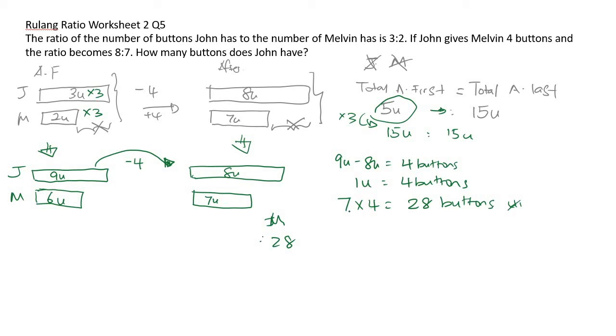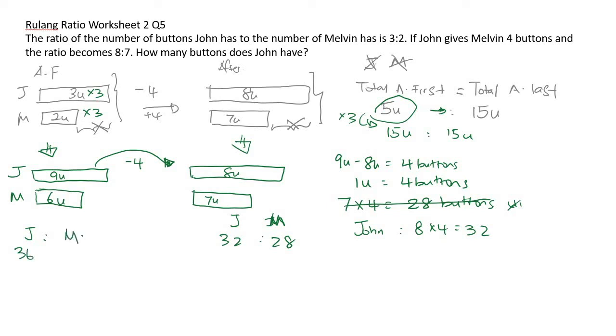So John here, asking about John, right? 8 times 4 will be 32. So John here is 32. But if you come back here, here is 9. John here will be 9 times 4, which is 36.